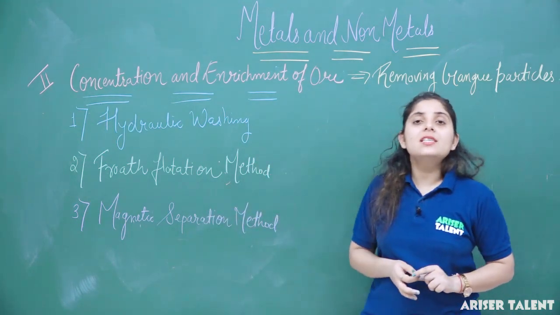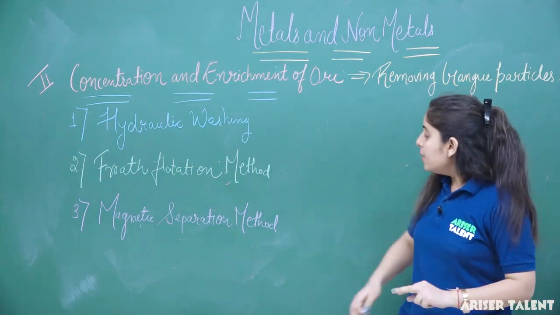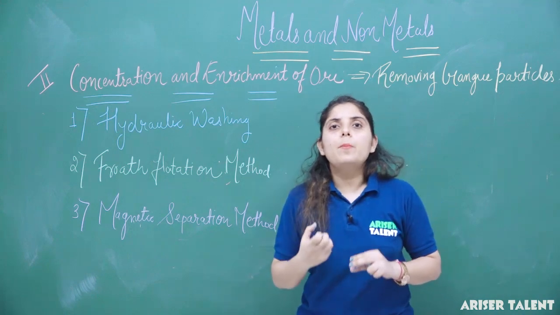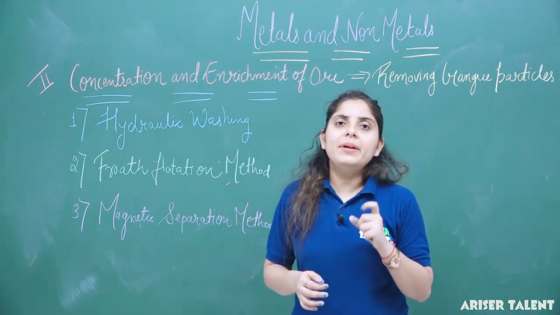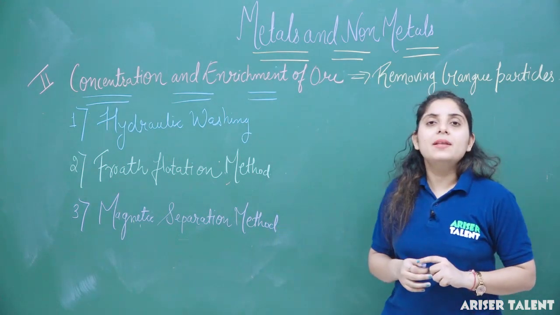Froth flotation process depends upon the difference in the wetting properties of oil and water, and magnetic separation method depends upon the magnetic property of a material. This method is essentially used for extracting the hematite ore, basically an ore of iron. So we will deal with all these methods one by one.